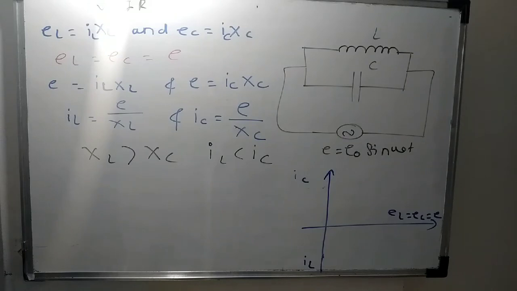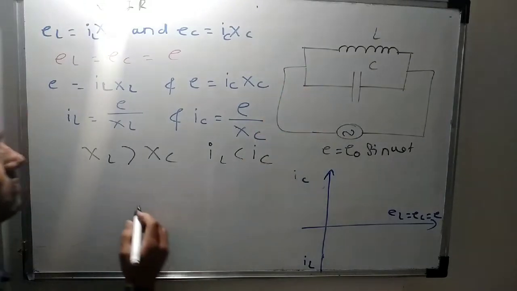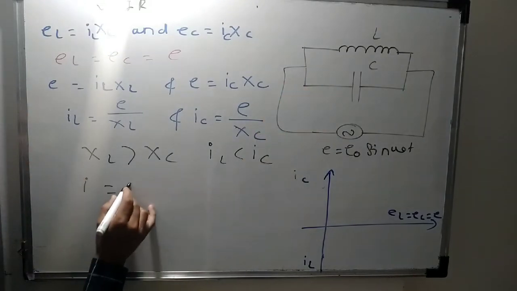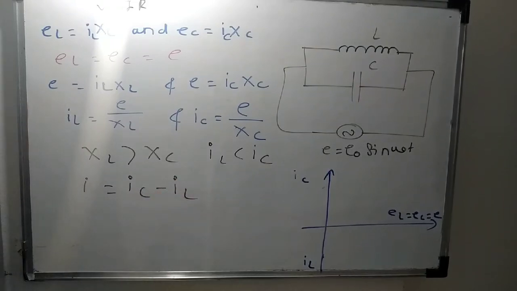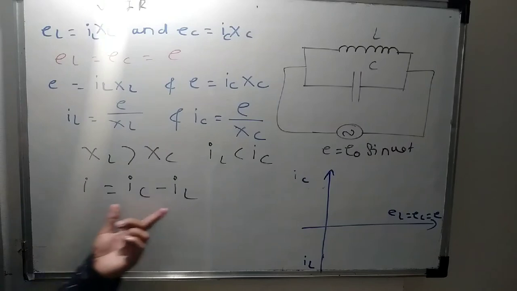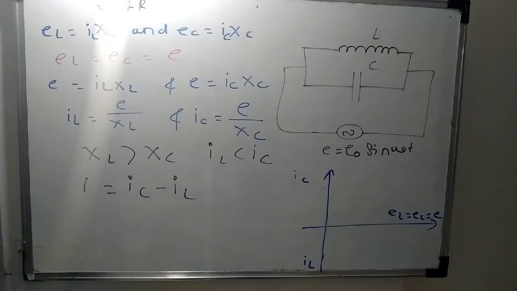Now, what is the resultant current? We can write the resultant current as IC minus IL, because IC is greater, so I equals IC minus IL.